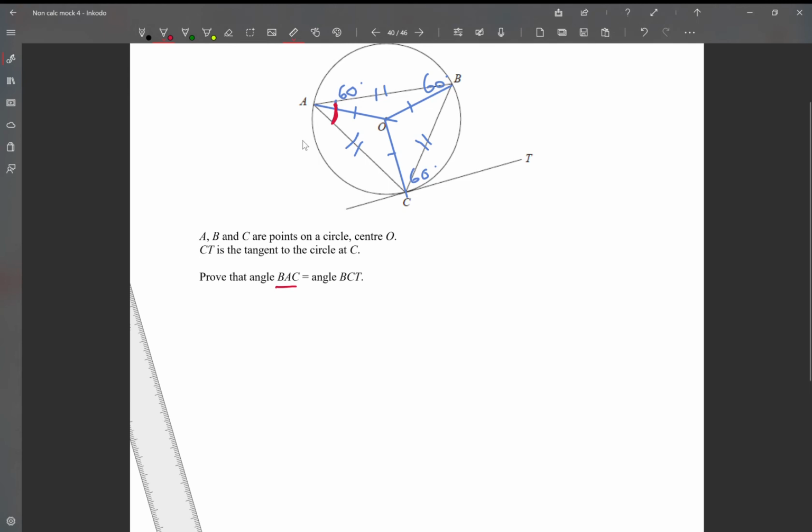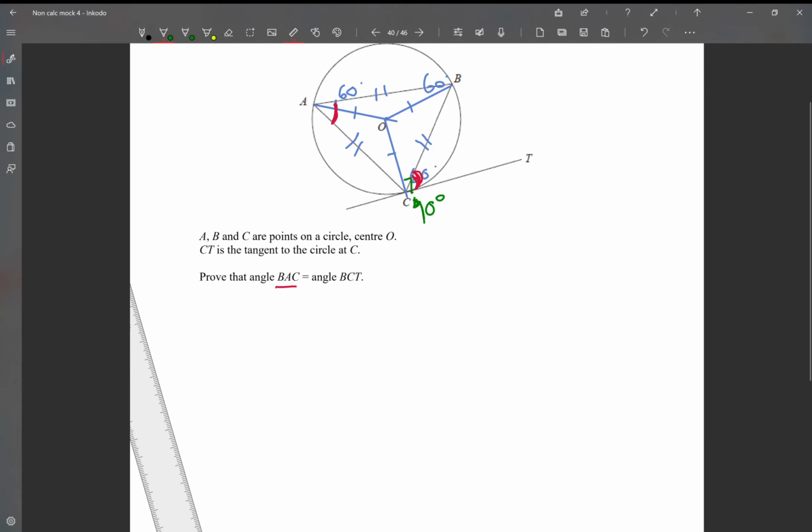And then BCT is this here. And the only thing you need to know on top of the equilateral triangle is that, I'll just use a different colour, the radius and a tangent is always at 90 degrees. Sorry, doesn't really look loads like a 90 degrees.